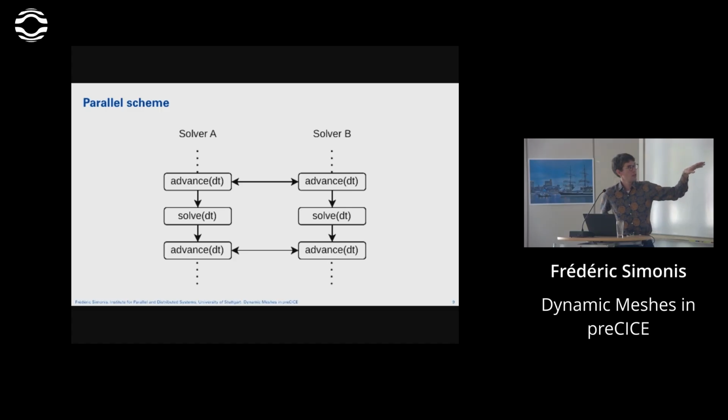So this is very easy to showcase here, right? Both call advance at some point, then preCICE hands back over to the solvers, and they do this solve dt, which in practice is a read-solve-write block, right? And then they call advance again. And what we'll discuss now is this one section here, so this repeating section of solve and advance.